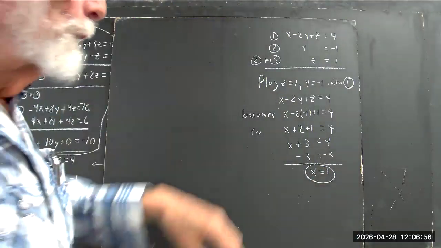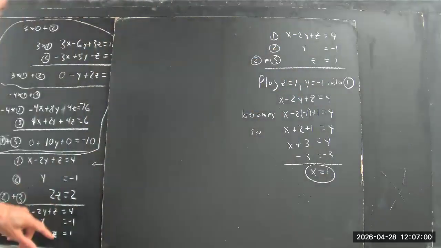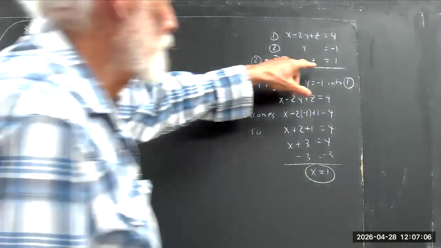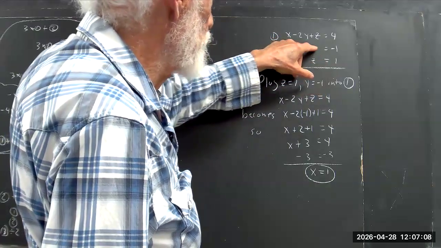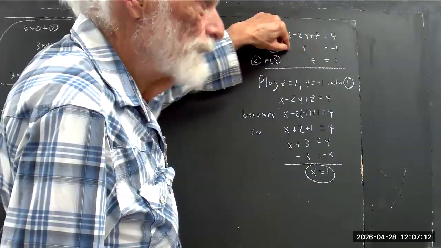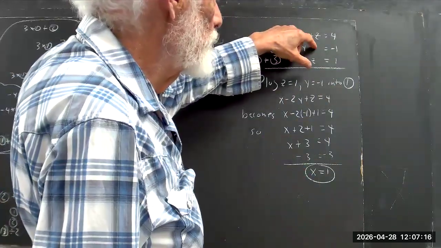Okay, so once you know z, usually you can plug it into the second equation. But once you know z is 1, you can plug that into the second equation, but the second equation doesn't have a z in it. It's already got y, okay? Now, usually there's going to be a z here.